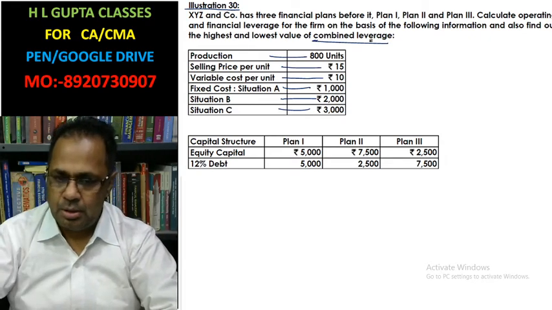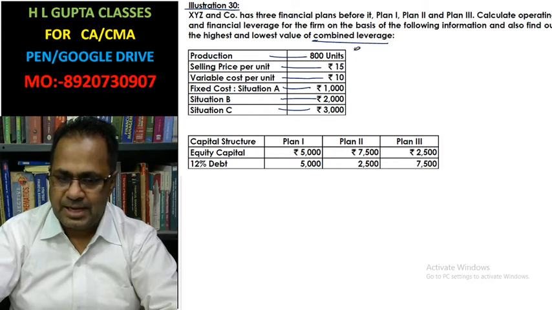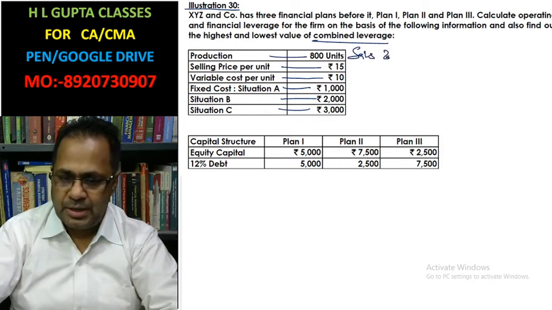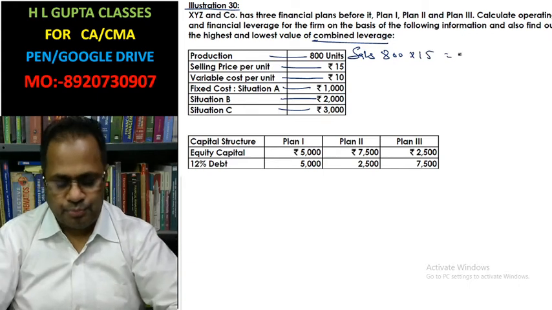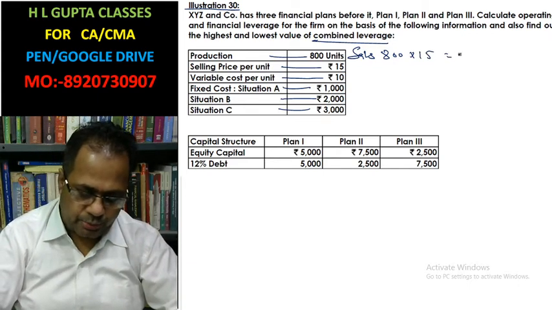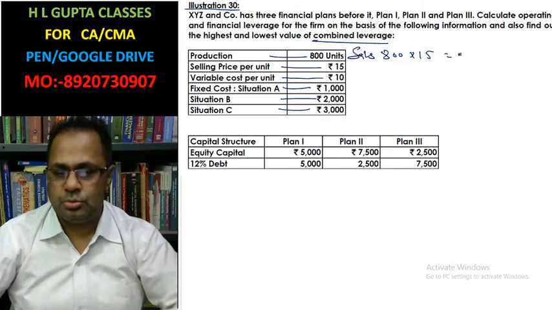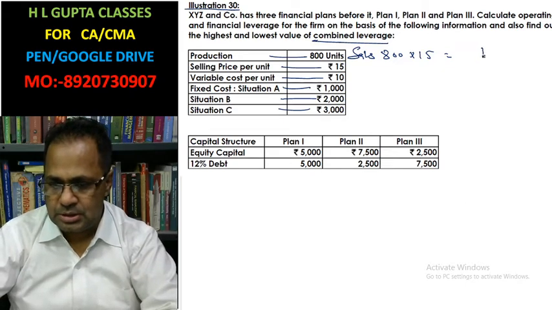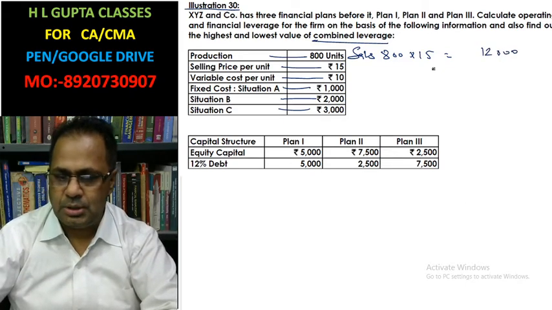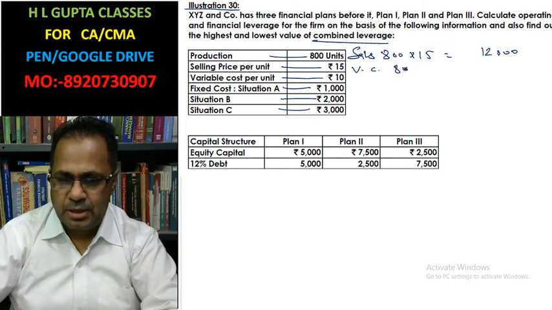First, you have to calculate sales. 800 into 15 will come 12,000. The sales will be 12,000. Variable cost 800 into 10 is equal to 8,000.